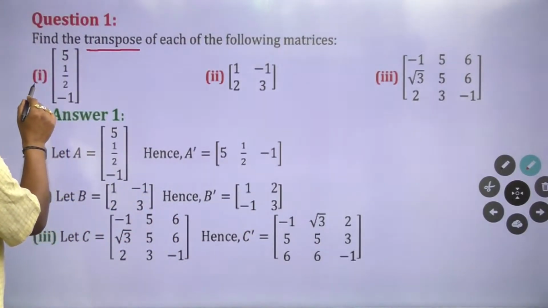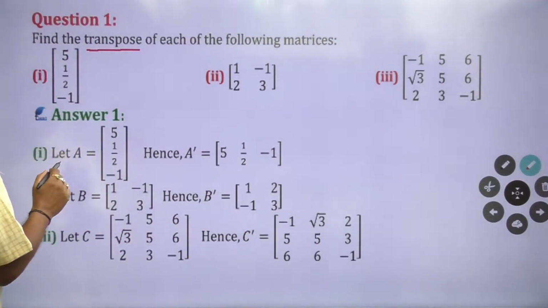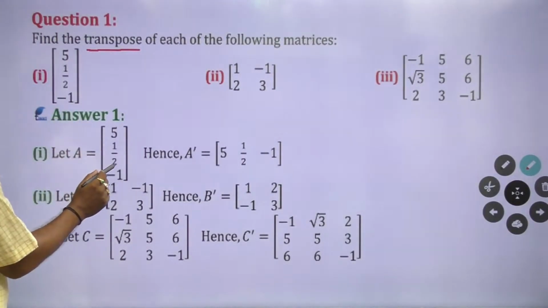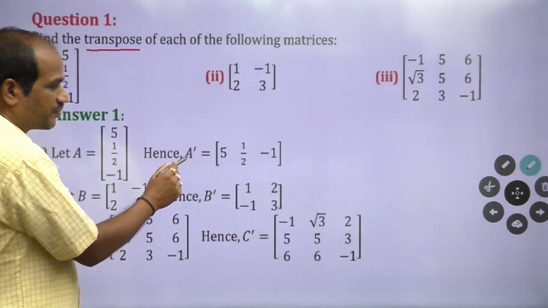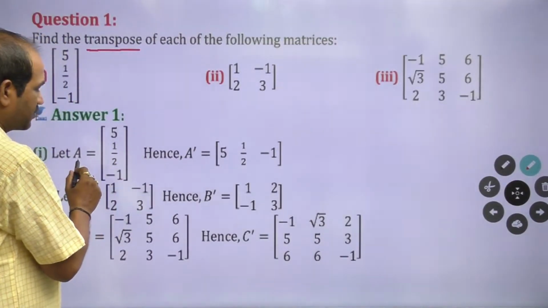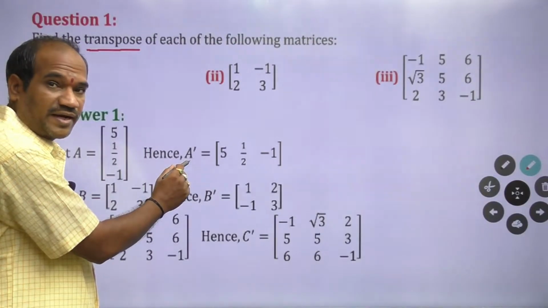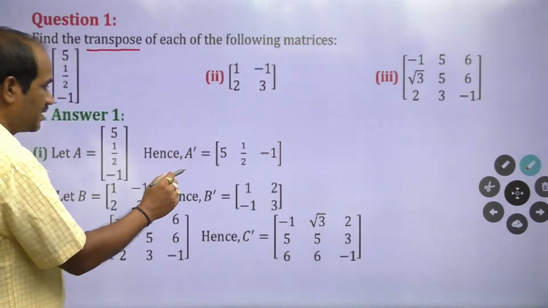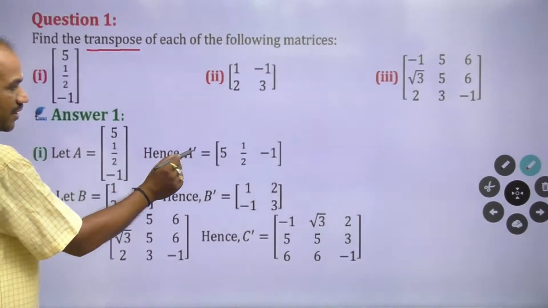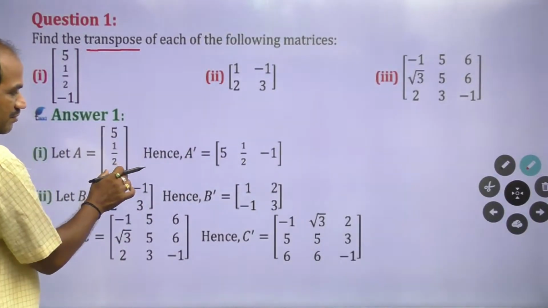See here, first matrix. Let A be equal to the given matrix. Hence the transpose of A is A dash, interchanging rows into columns. The first row, 5, becomes the first column.